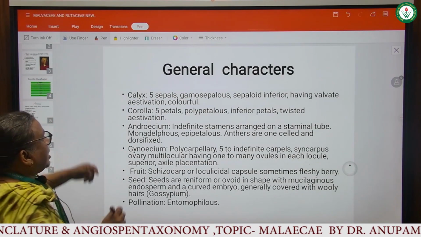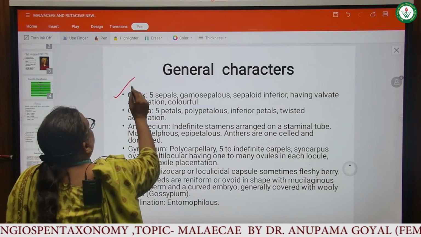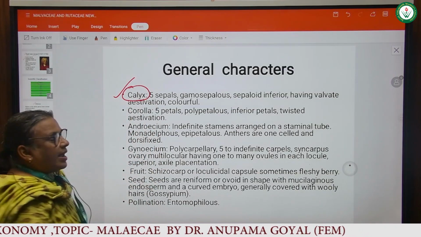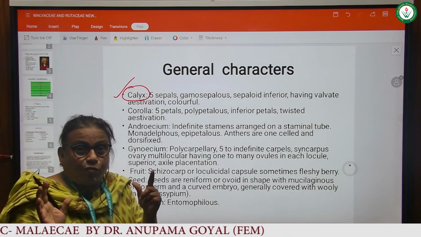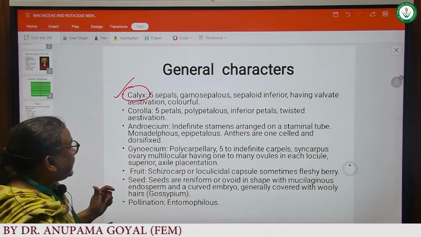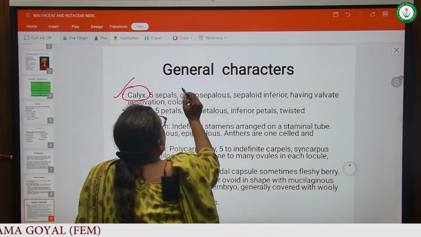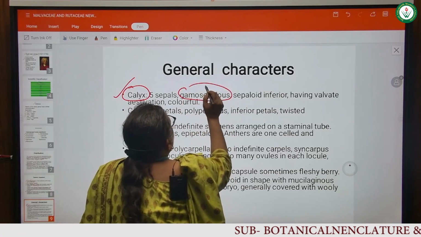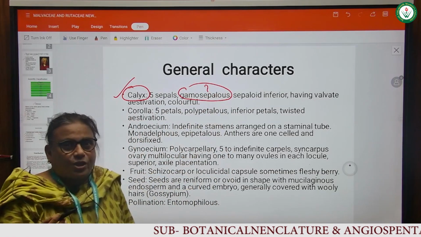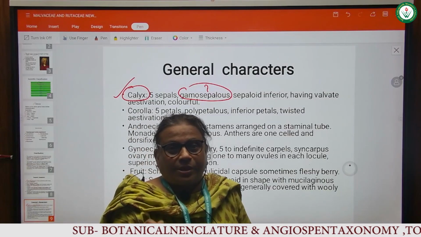Now I talk about the calyx in the plants belonging to the family Malvaceae. Five sepals are present and these are gamosepalous. So now the question arises, what do you understand by the term gamosepalous?